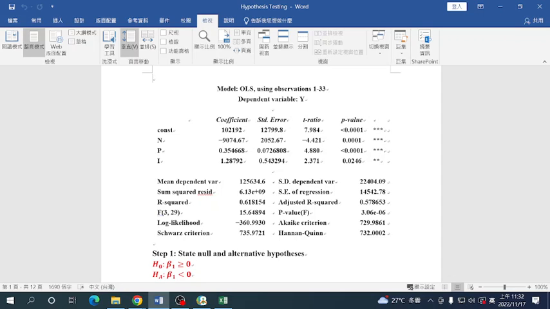This is the critical value for the 5% F distribution. Understand what I'm saying here? And this is the test statistic.